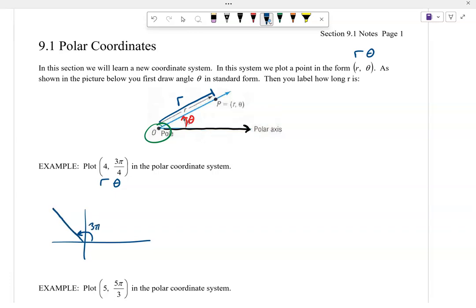So here's our 3 pi fourths rotation. And then we go out a distance from the pole, 1, 2, 3, 4, and we're going to plot the point right there. So that's the polar coordinate 4 comma 3 pi fourths.